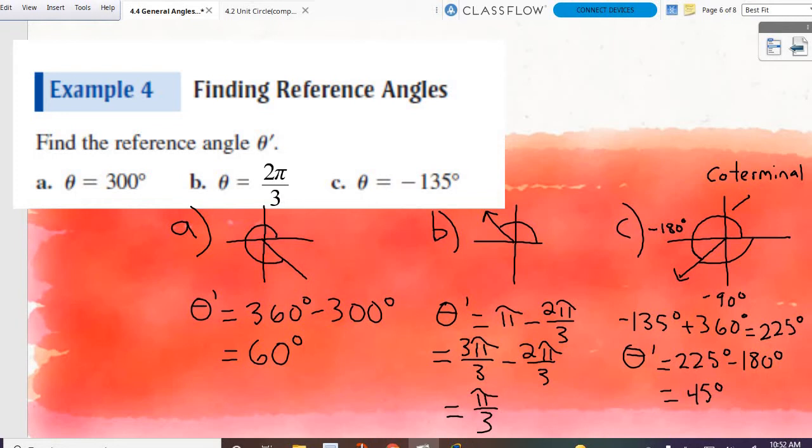So me adding 360 and then subtracting 180 is the same thing as just adding 180. So if you did it that way, that's fine. If you can see that adding a half rotation will get you what you need, but otherwise, you can always just find the coterminal first and then find your reference. Yes? Are we okay with that? Alright.